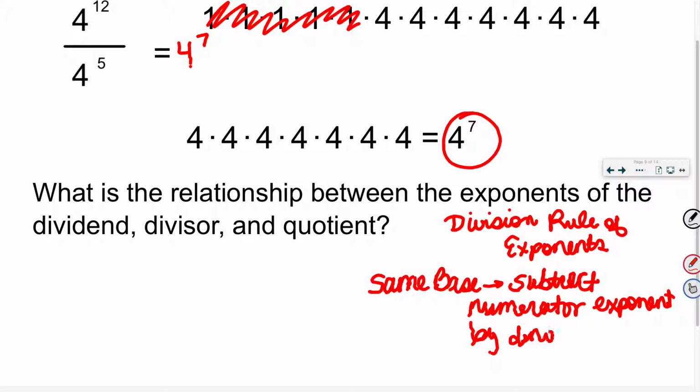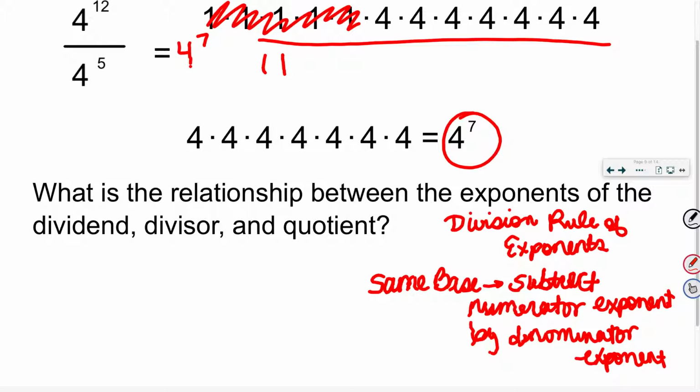And I'm very specific when I say that it's the numerator exponent subtracted by the denominator exponent. So in this scenario, we broke out the 12 fours, we broke out the 5 fours, we identified our big ones, and we were left with a big fraction that just had 4 to the 7th in the numerator and 1 in the denominator. I don't need to show the 1, so I'm done.